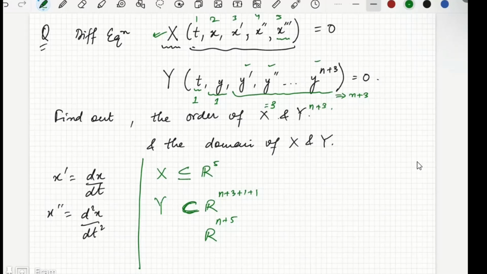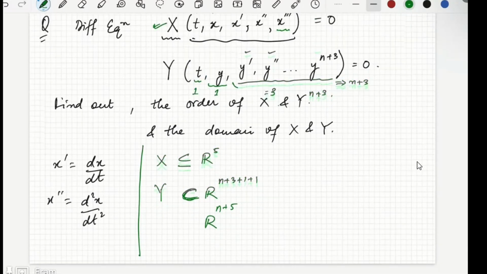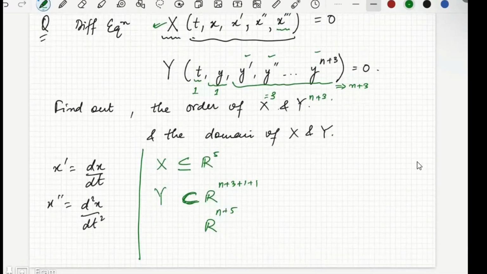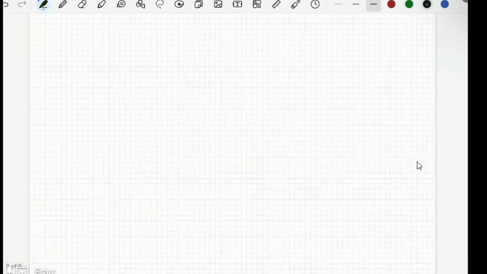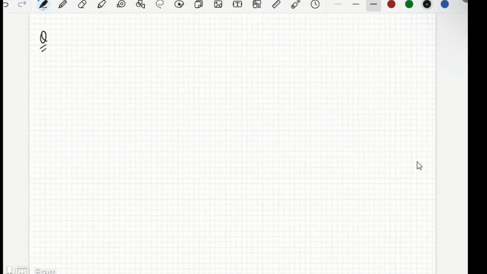Okay, now let's move on to our next problem. We have to find whether this is a linear differential equation or a non-linear differential equation.